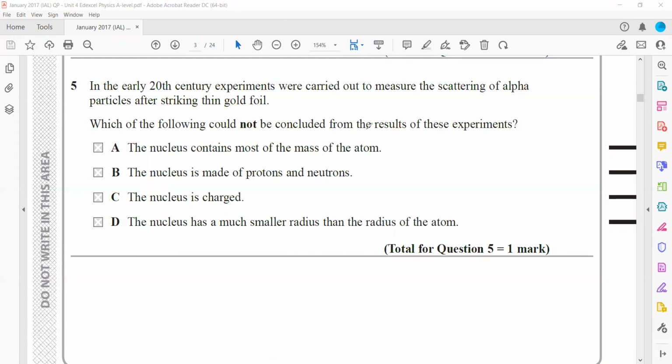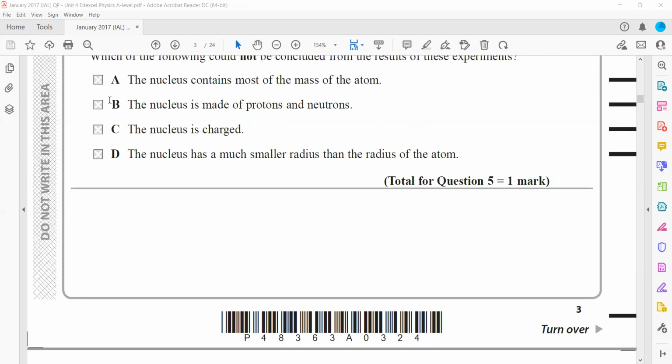That is correct. The nucleus is charged, that we can say, but what the nucleus consists of, specifically neutrons and protons, that we cannot say. The nucleus is charged and very small compared to the atom, we can predict that, but B cannot be concluded. B is not a valid conclusion from the experiment.